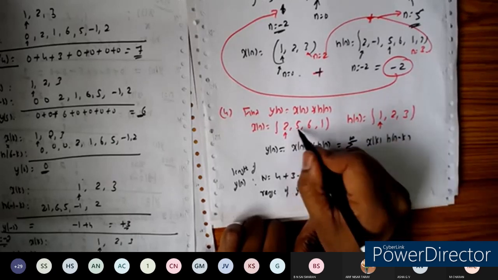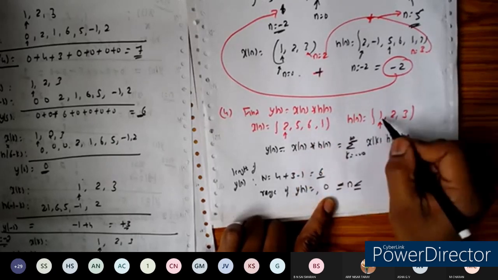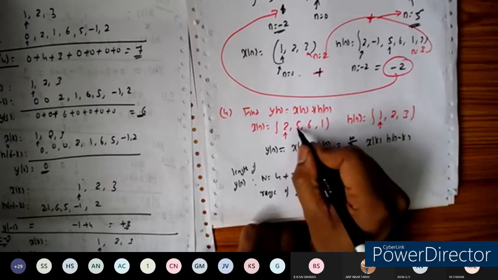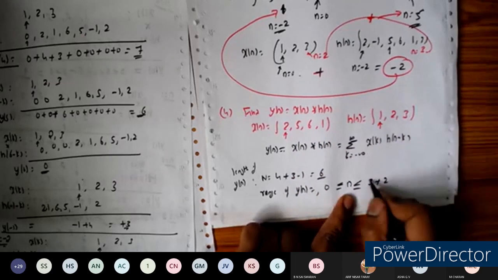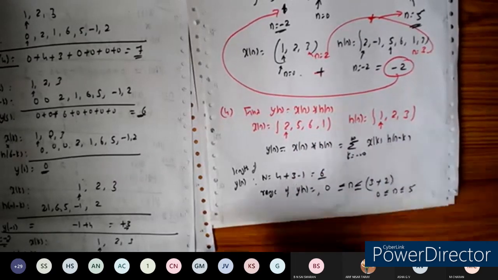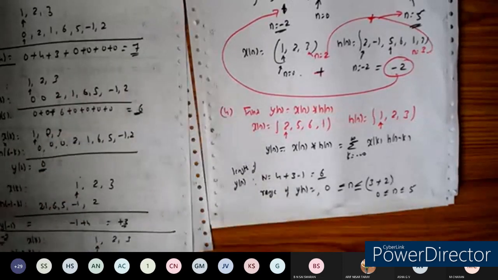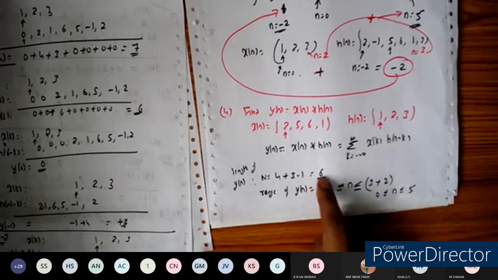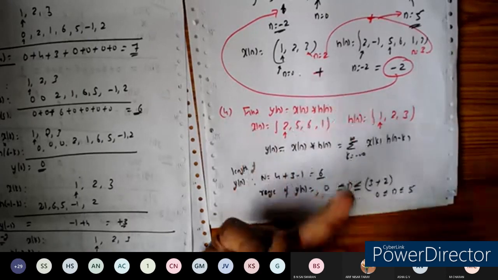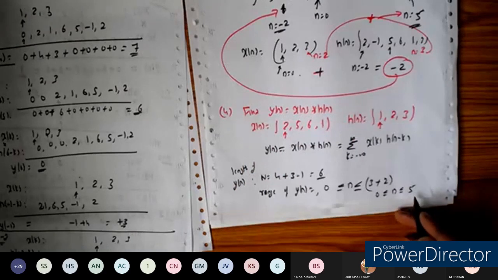This is 0, 1, 2, 3, and this is 0, 1, 2. So the upper limit will be 3 plus 2. So n can take the range 0 to 5 here. That 0 to 5 means there will be 6 samples: 0, 1, 2, 3, 4, 5, a length 6 sequence you're going to get here.